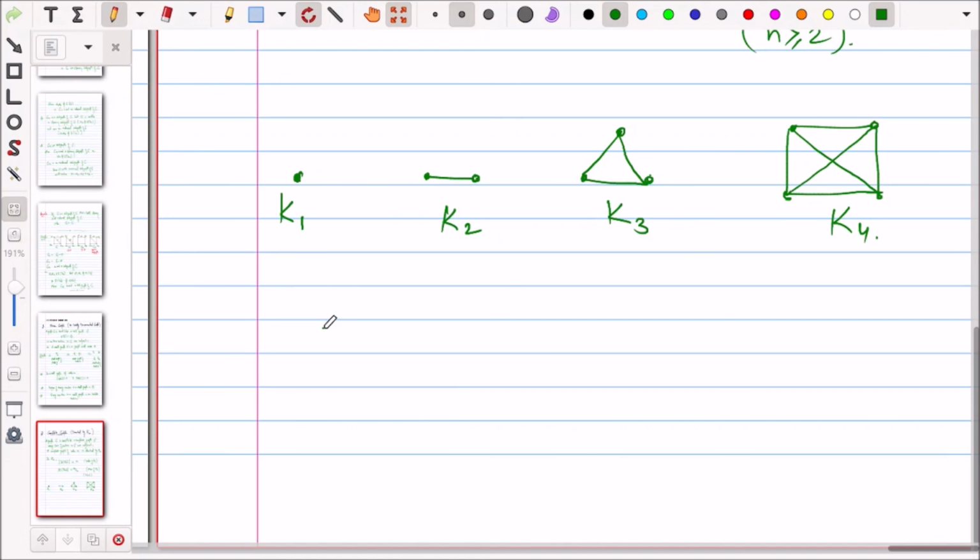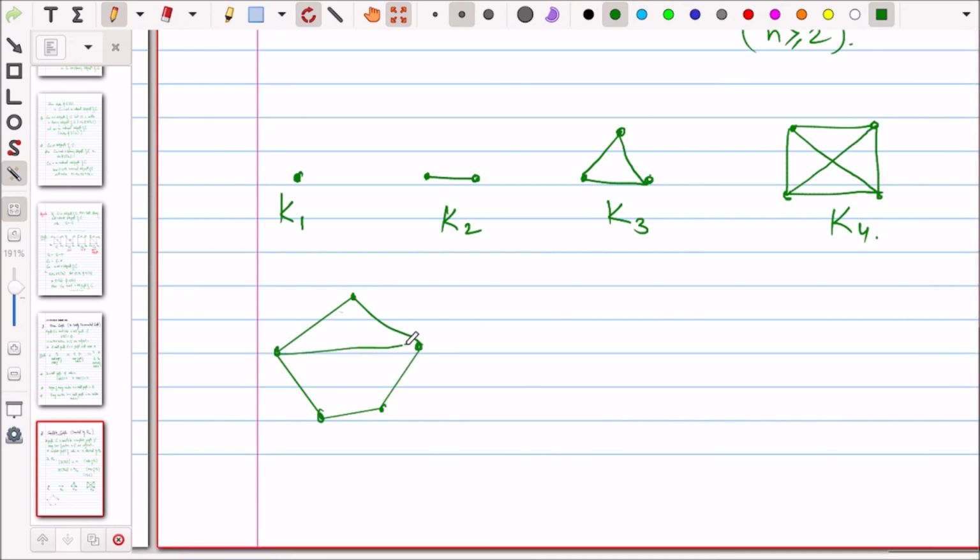सो K5 में कितने एजेस होंगे बताओ कोई। नंबर ऑफ एजेस इन K5 10, ठीक है। K5 इस तरह का बनेगा, 5 वर्टिसेस ले लिया, फिर सबको ज्वाइन कर दिया। ठीक है, so this is your K5, right?